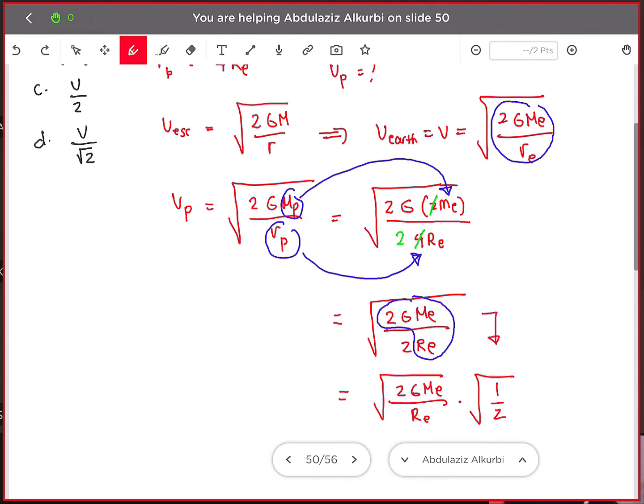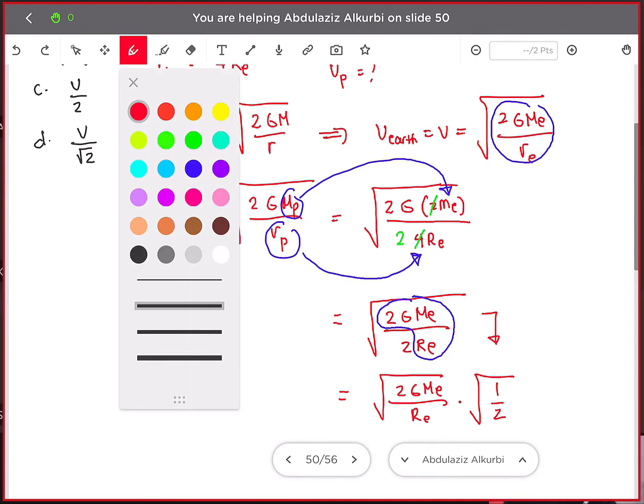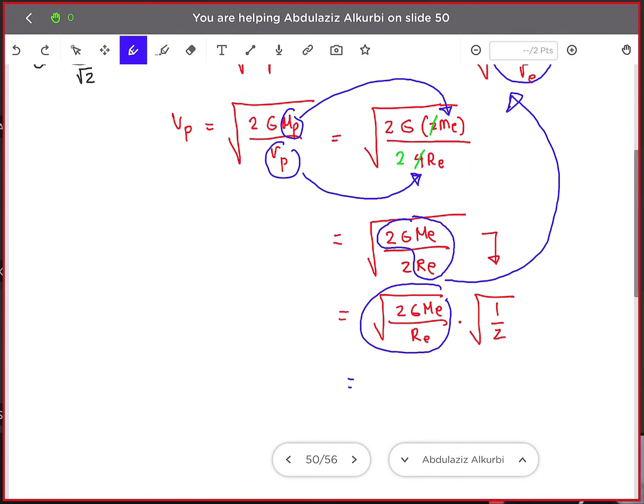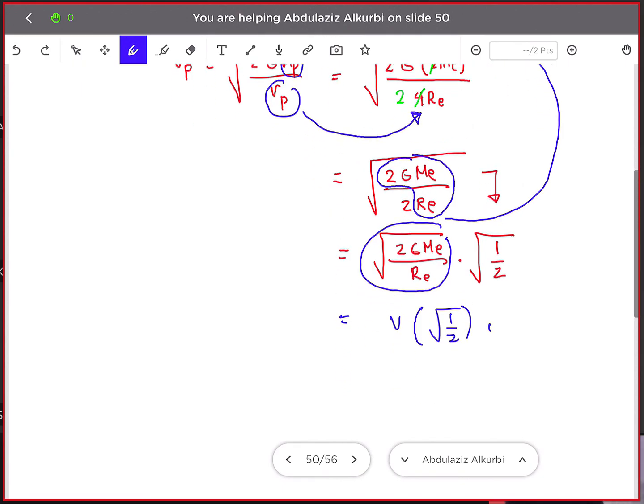And once again, this square root of 2G M E over R E is similar to the one that I have there, and that is equal to v. So that is equal to v multiplied by the square root of 1 over 2, or, if I simplify this further, v over the square root of 2.